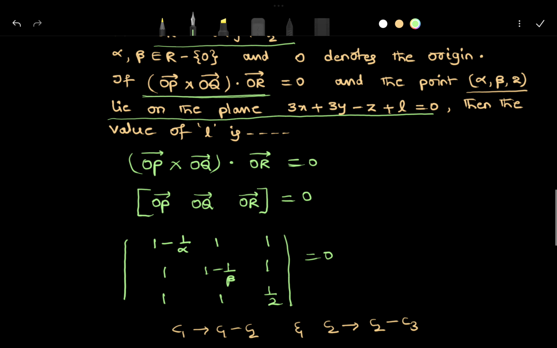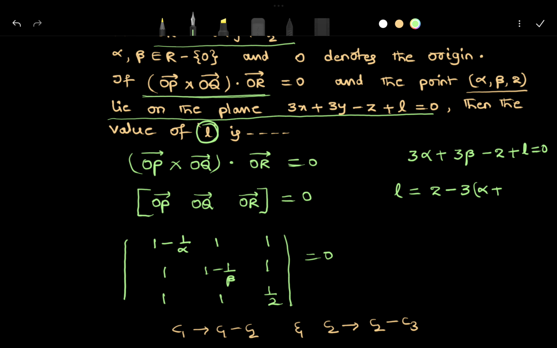So what is the meaning of this one? You have to substitute the point on this one. Then it becomes 3 alpha plus 3 beta minus 2 plus L is equals to 0. Okay, so now from this one, the L value you should find out. So here I will write that L is equals to 2 minus 3 alpha minus 3 beta. Minus you take the common, that value will be nothing but minus 3 into alpha plus beta.